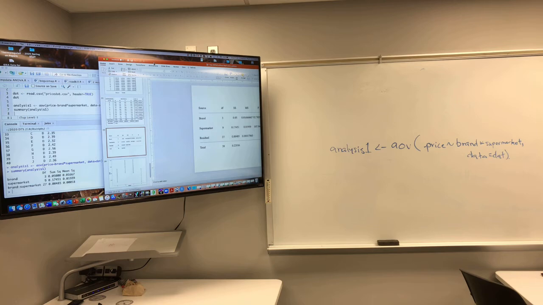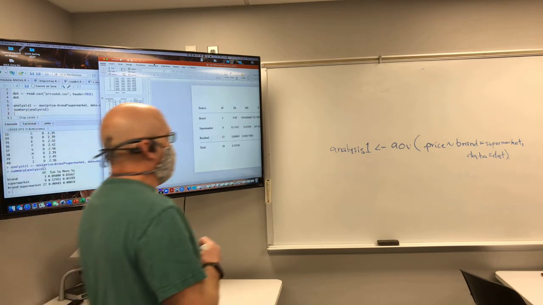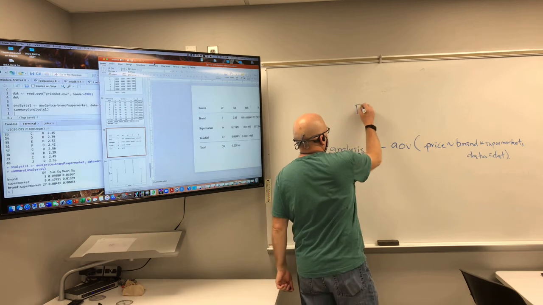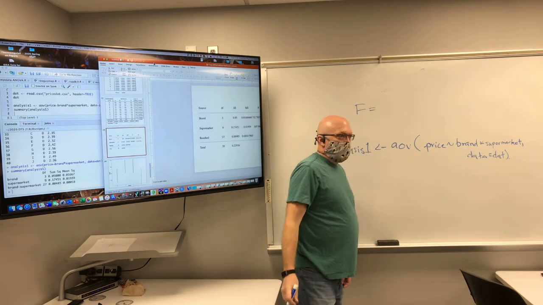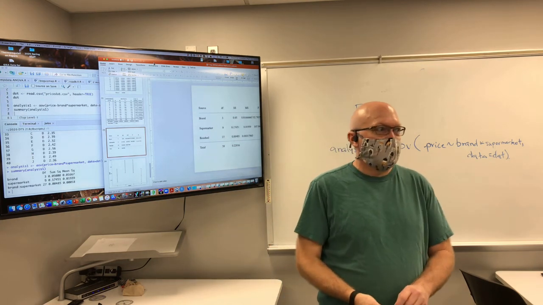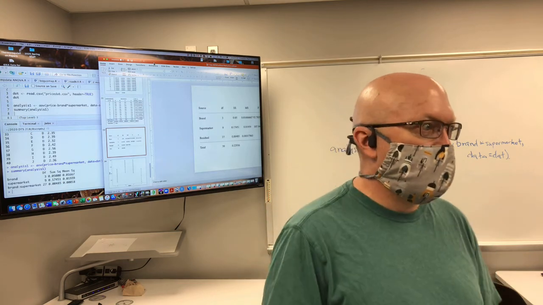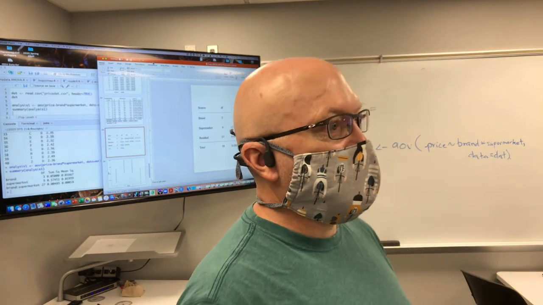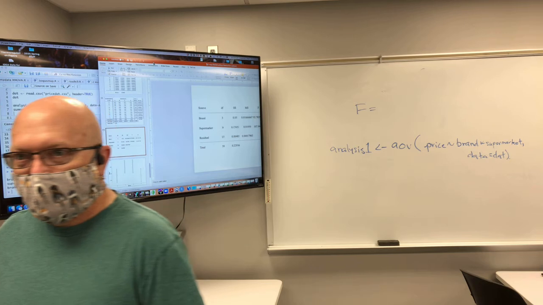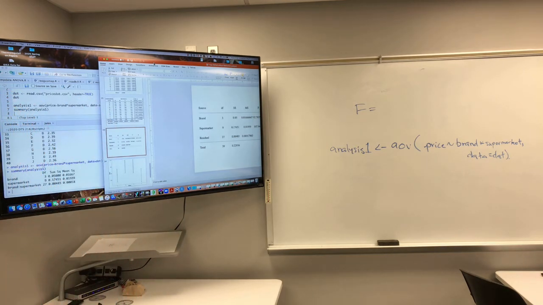Why does it not have an F? Fisher statistic. Sir Ronald A. Fisher, the inventor of the ANOVA. Every ANOVA table should produce F statistics. Why is there no F statistic here?